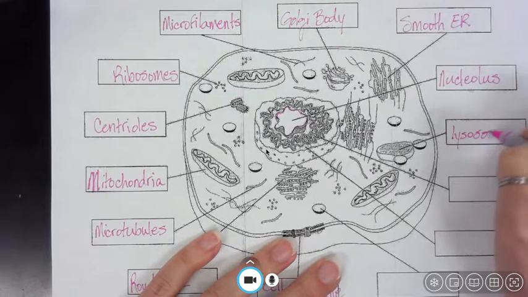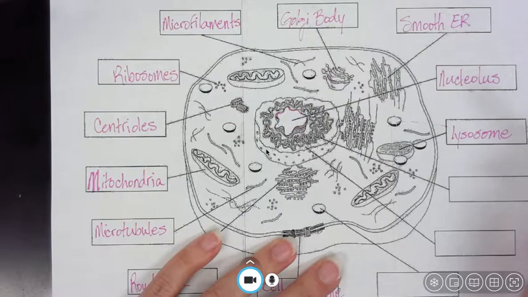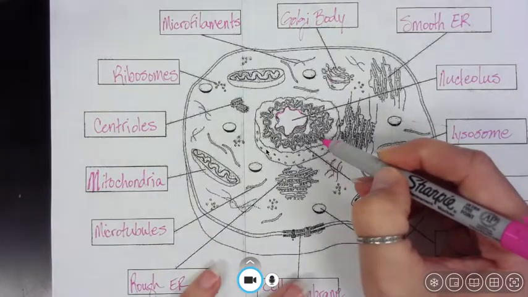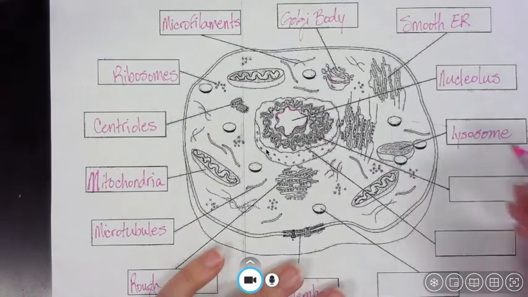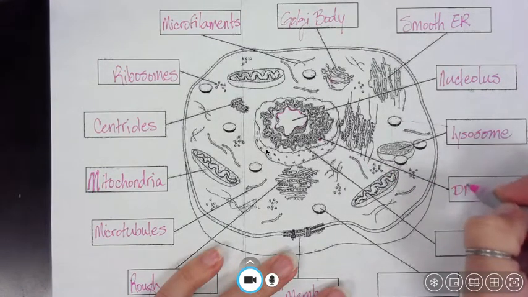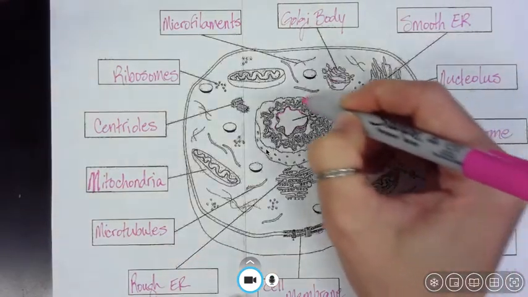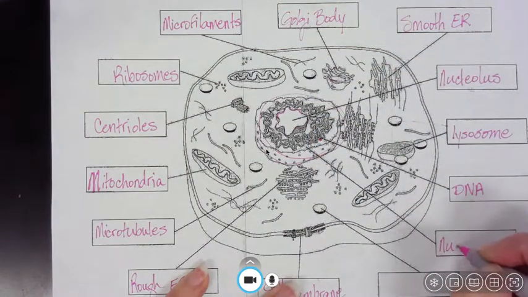I can say that sometimes though it will be pointing to something that looks more like that. It's kind of a back and forth on some of those diagrams, so just kind of have to pick on those. This is chromatin or chromosomes, which is going to be your DNA. And then finally the entire circle is going to be your nucleus.